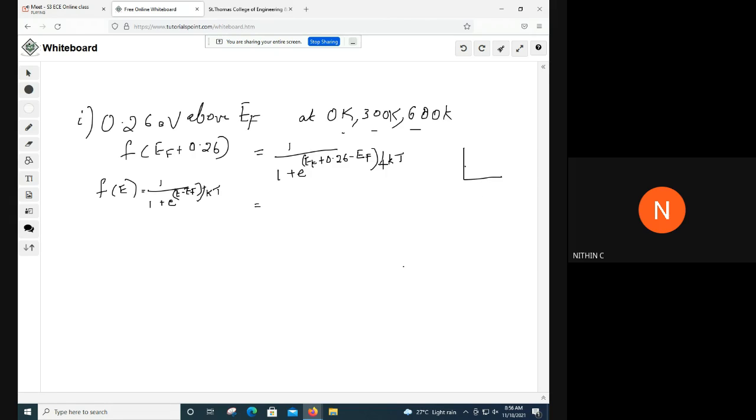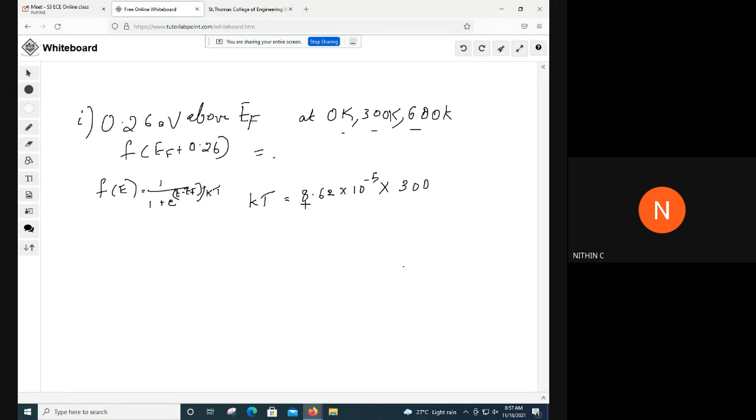So I think the next part also we started doing. So you can tell the answer for that. Did everyone get the answer for 300 Kelvin? f of EF plus 0.26 at 300 Kelvin. What is the value of kT? What is the value of that? 8.62 into 10 raised to minus 5 into 300.